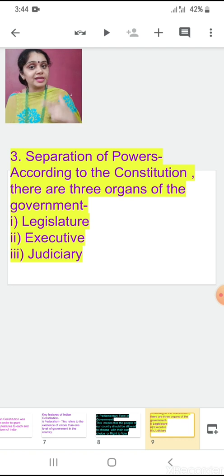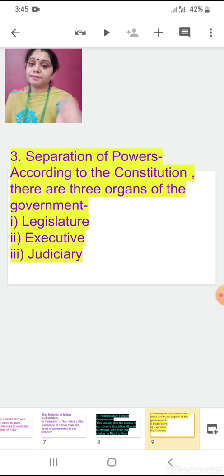If there is a fault with the executive, the legislature and judiciary are there. In order to protect the rights as well as the duties of the citizens of India, the constitution has granted these functions in such a manner.